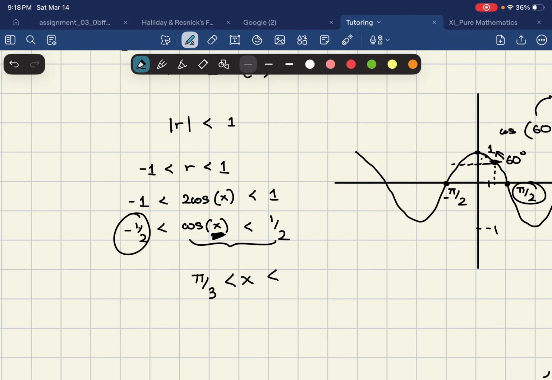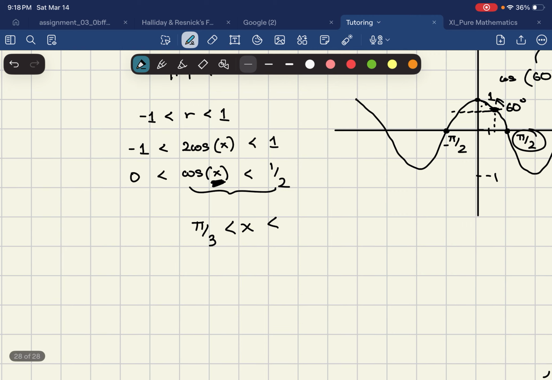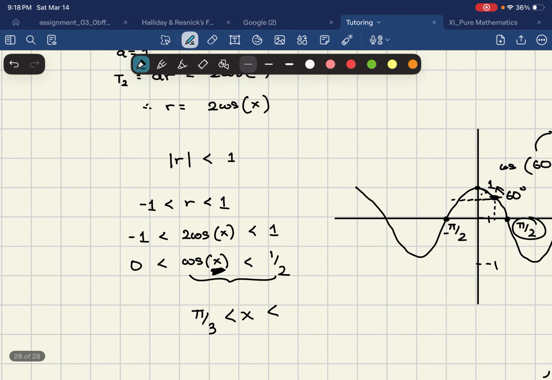In the first quadrant, from 0 to pi by 2, our cosine x is always going to be bigger than or equal to 0. So we don't have to worry about -1/2, because all our output values are going to be positive.